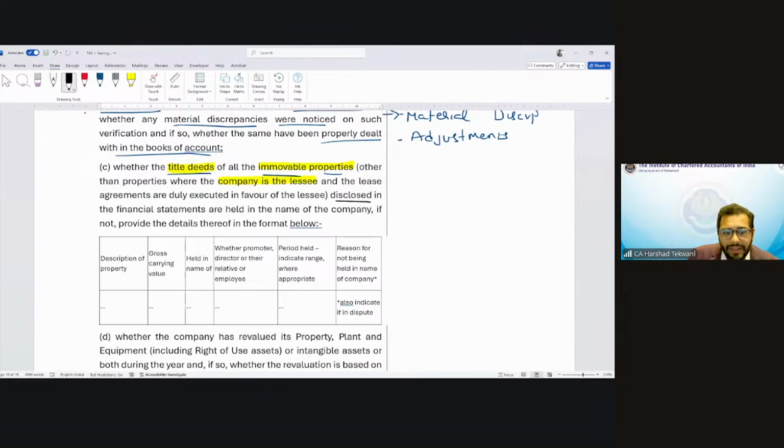So these are disclosed in the FS, but not in the name of the company. You need to provide the description of the property, the gross carrying value, and in whose name it is being held, whether he is a director, promoter, or relative, the period held, like since when, and the reason for not being in the name of the company. So, title deeds not in the name of the company.